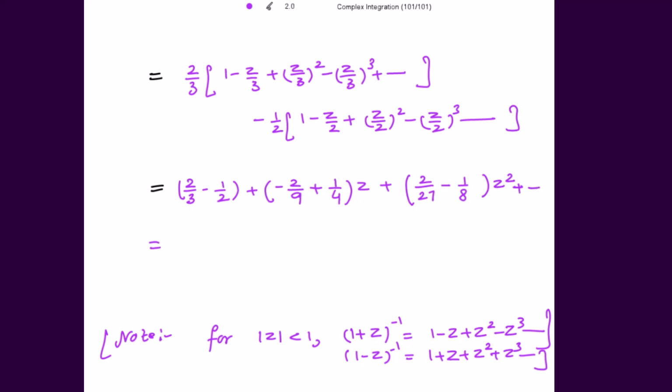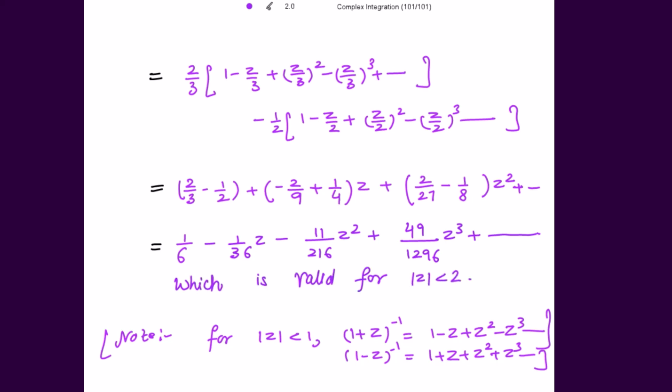And when you solve this, you get 1 over 6 minus 1 over 36 z minus 11 over 216 z square plus 49 over 1296 z cube plus so on, which is valid for mod z strictly less than 2. Thank you.